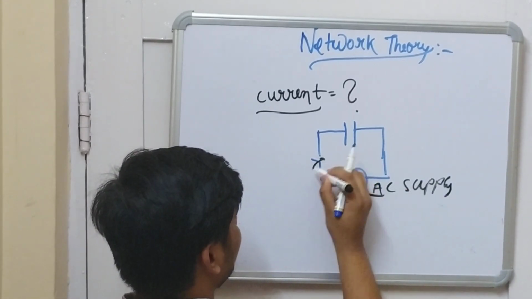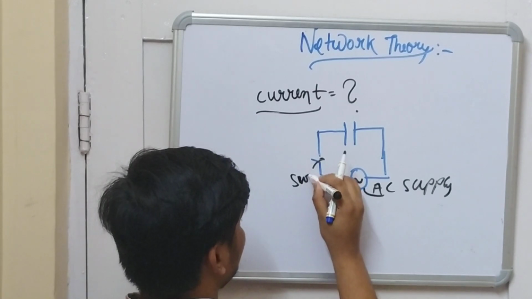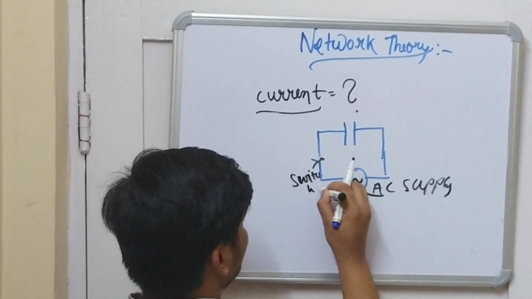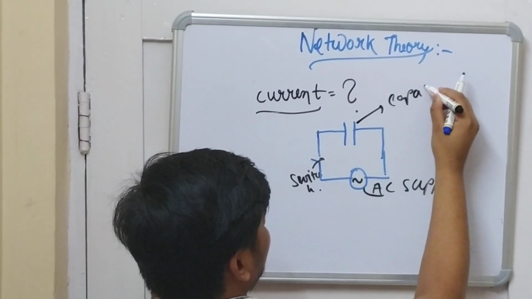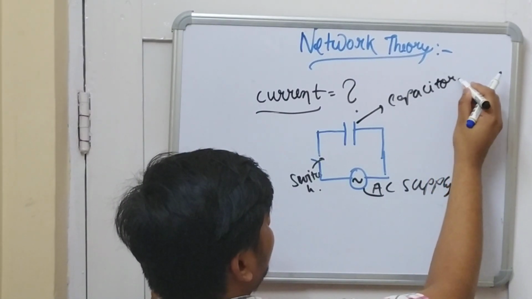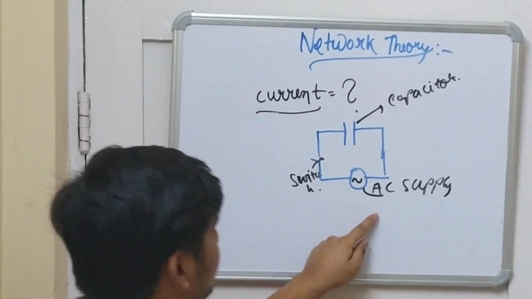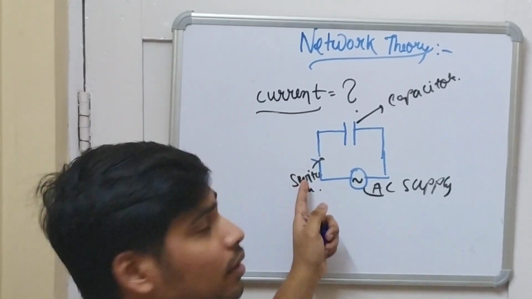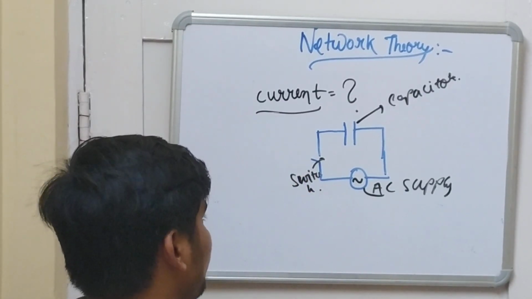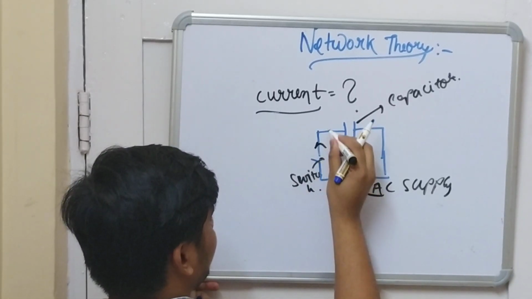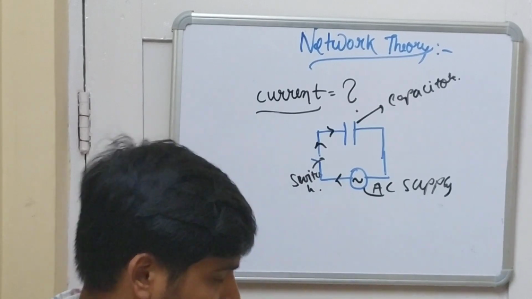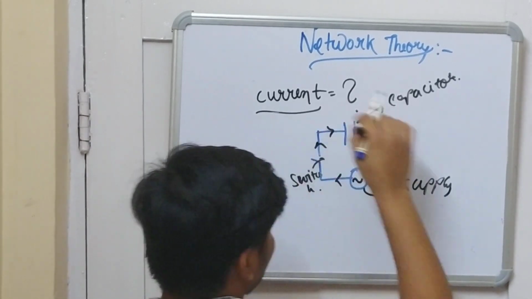A switch we have connected. There is a capacitor. AC supply, switch, capacitor. As soon as we switch on the supply, current will start to flow in this direction.